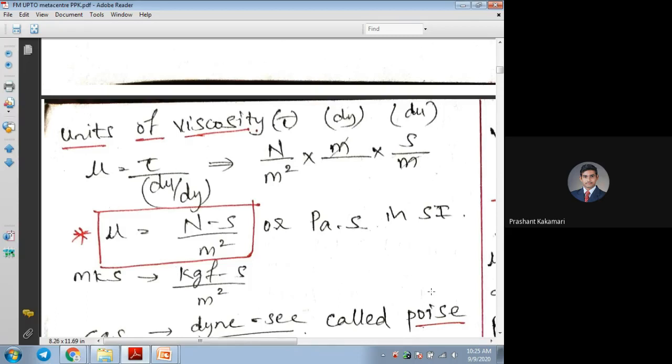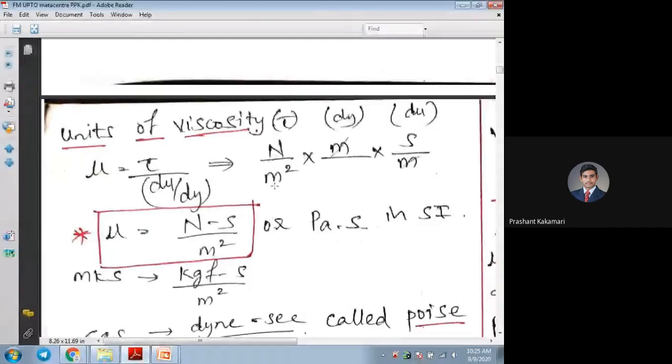And if you see the units here, mu I can write as tau divided by du by dy. So shear stress, and this du by dy is nothing but meter per second for du, and meter for dy.